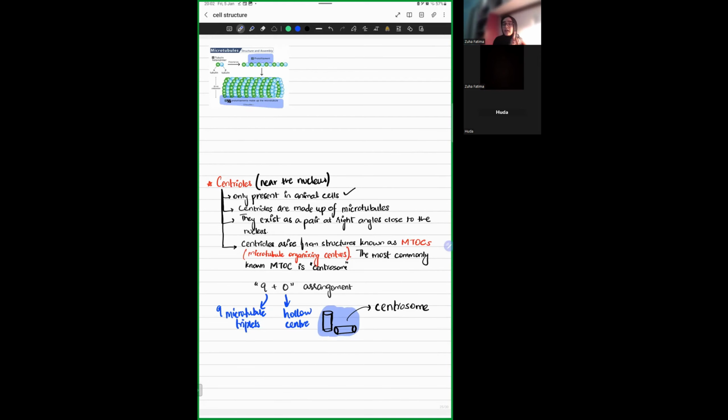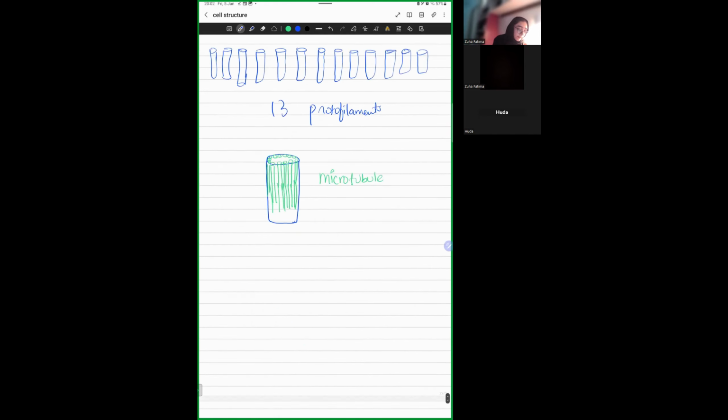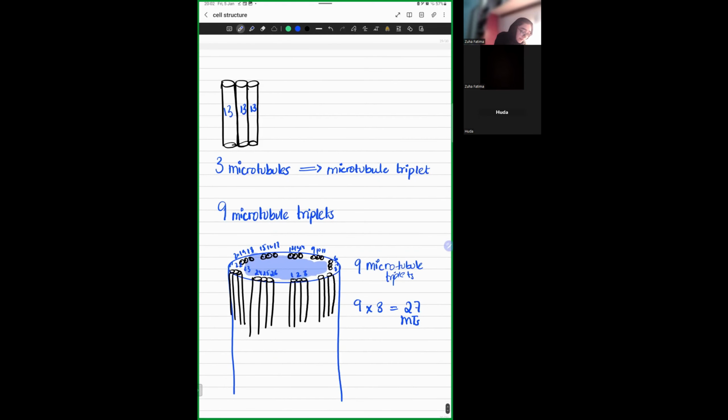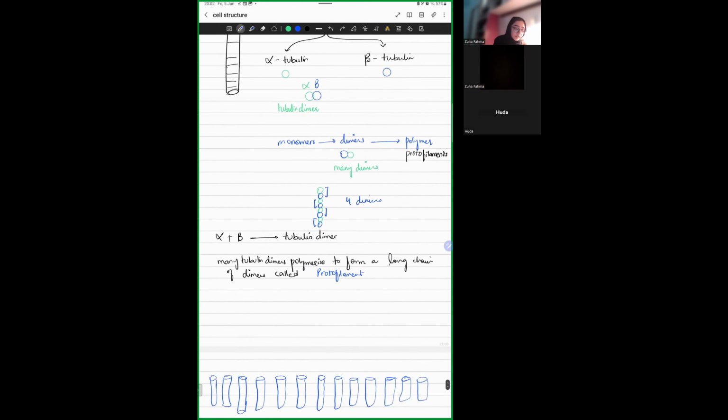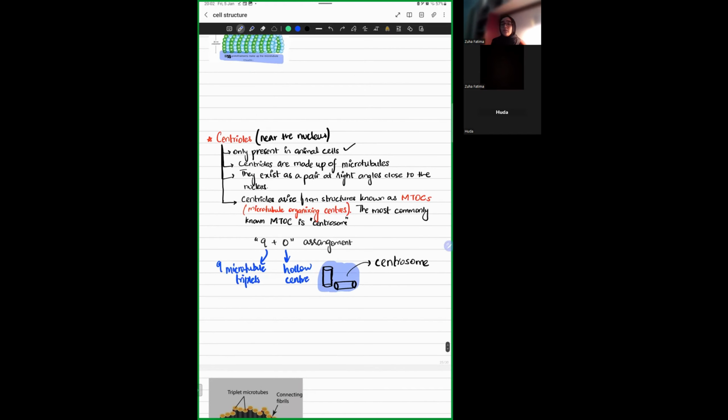That is, the surrounding, the boundary of that cylinder, has 9 triplets present on it, and from within, from the center, it is hollow. And this arrangement is referred to as 9 plus 0 arrangement. And your centrioles are always and always present in a 9 plus 0 arrangement of microtubules.